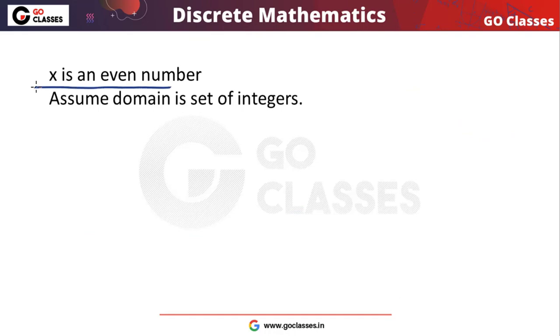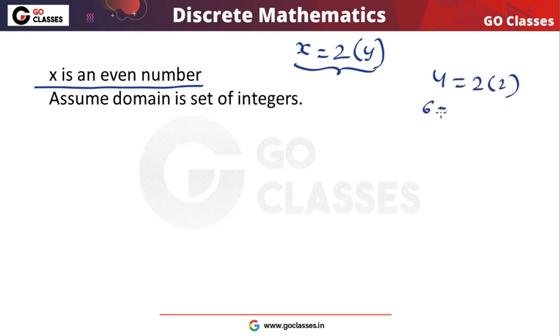x is an even number. When can we say that x is an even number? When it is a multiple of 2. For example, 4 is an even number because it is a multiple of 2. 6 is an even number, and 10 is an even number because it is a multiple of 2. 9 is not an even number because it is not an integer multiple of 2.